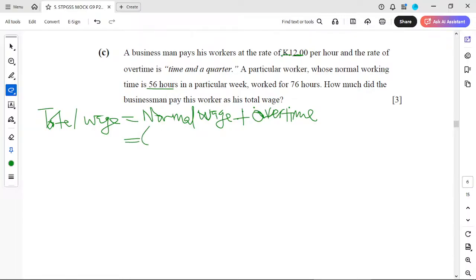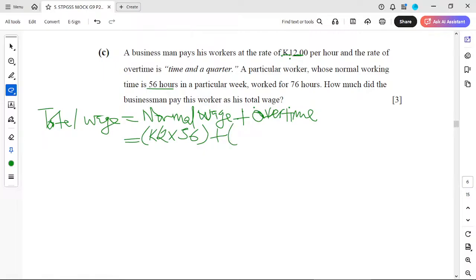So we open bracket, then we say 12 kwacha times 56, in brackets. Then we say plus overtime. We are told overtime is time and a quarter, meaning the 12 kwacha plus a quarter of 12 kwacha. The quarter of 12 kwacha is 3 kwacha.